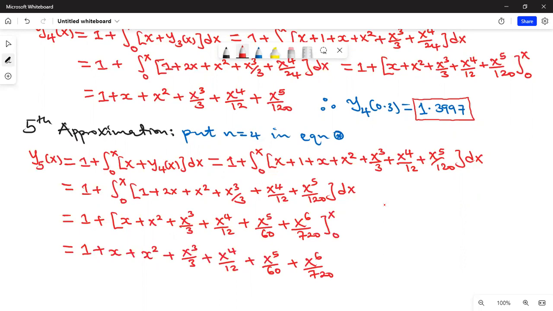Now we need the value when x is equals to 0.3. So you can say that therefore y5 when x is 0.3 is equals to, so you substitute x is 0.3 in this expression so that you get 1.3997, correct to 4 decimal places.